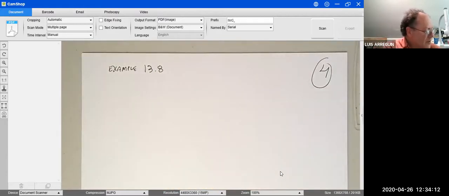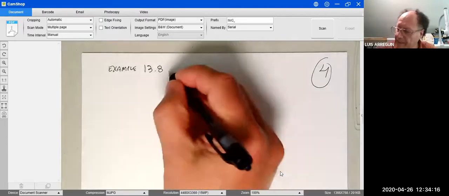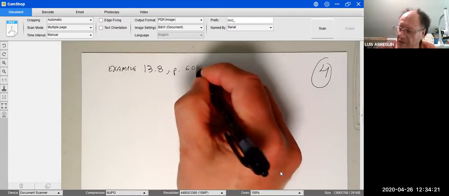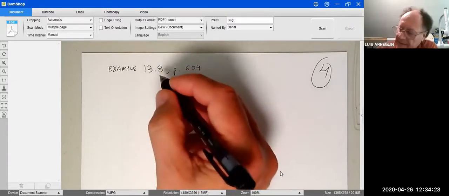Example 13.8 is on page 604. Now it's about hypothesis test.